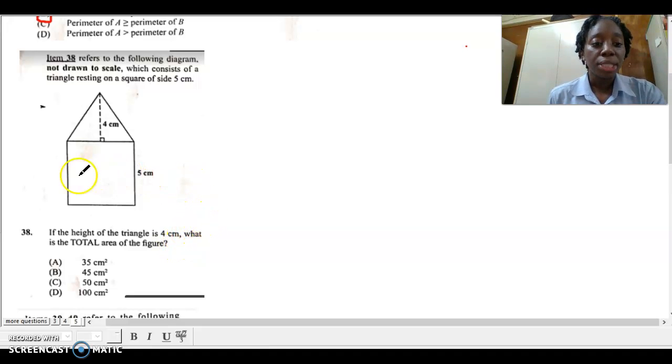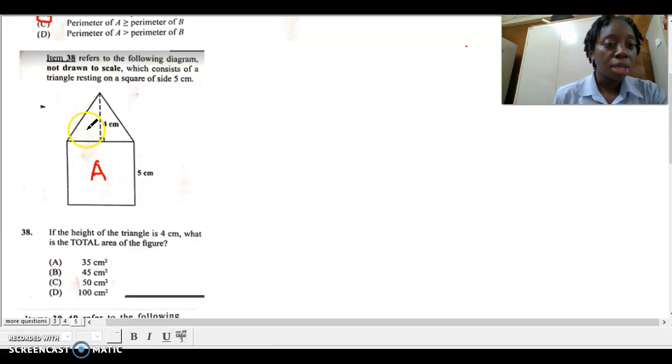In order to find the total area of this figure, I will separate my diagram into the triangle and the square. I will name the area of the square A and the area of the triangle B. My apologies right there.